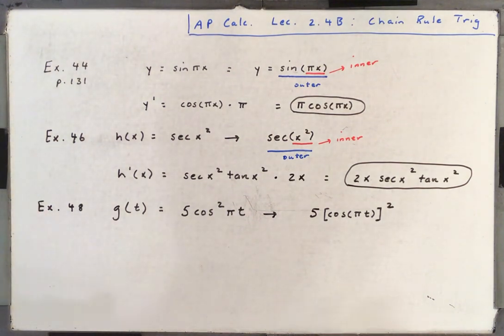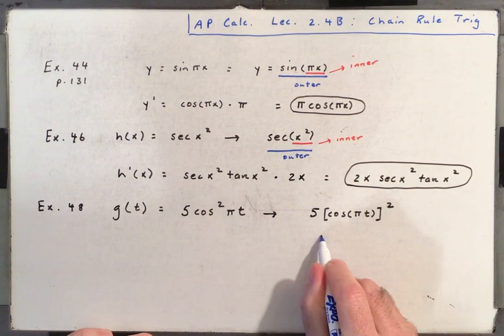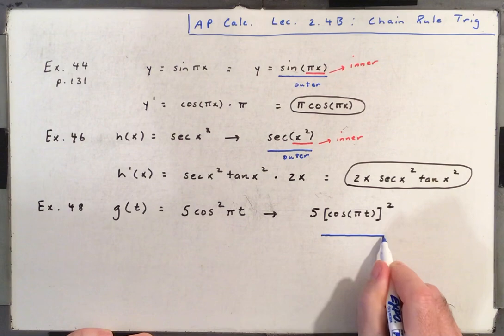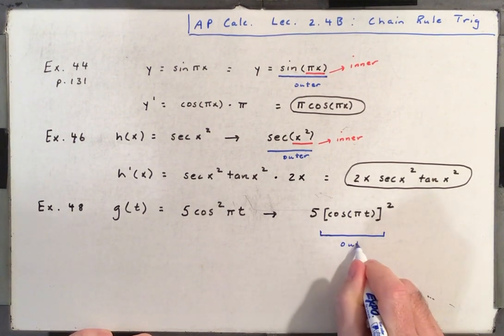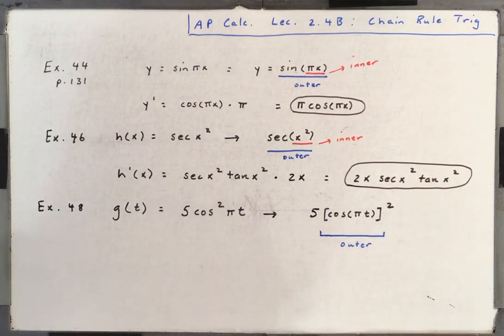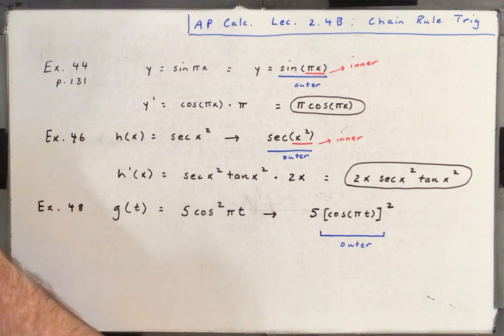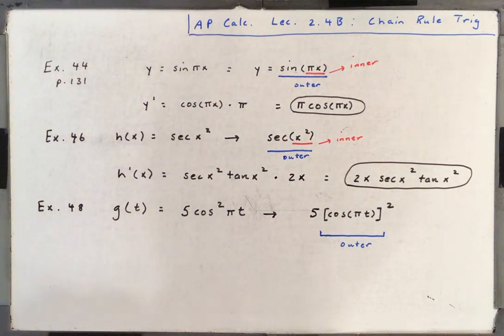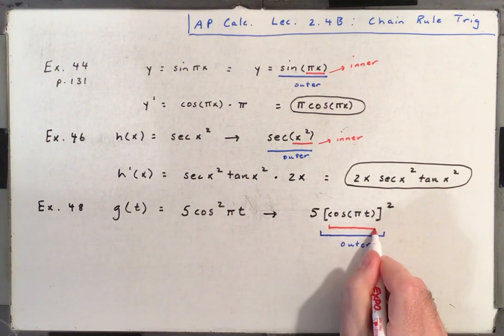So the outermost layer, I'm going to put it down here in blue, is cosine pi t all squared. And then you have an intermediate inner layer that's just cosine pi t.